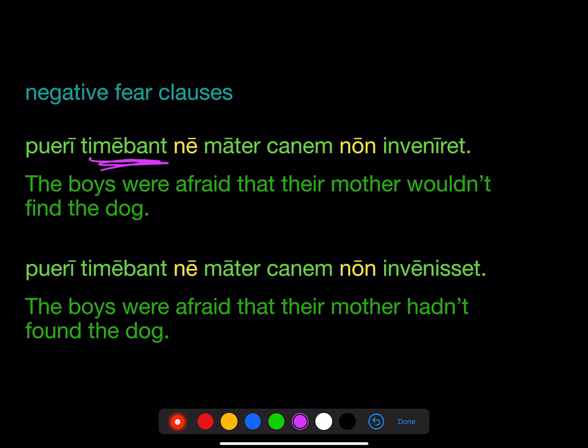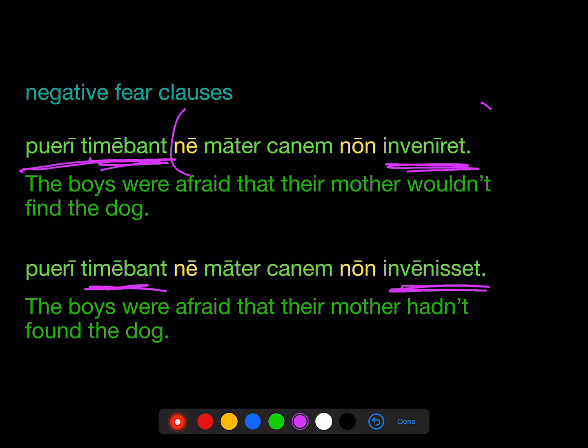If we put our main verb in a past tense, then we end up with an imperfect or a pluperfect subjunctive. First, the imperfect subjunctive. The boys were afraid, pueri timebant, ne mater canem non inveniret, that their mother wouldn't find the dog or that their mother wasn't finding the dog.